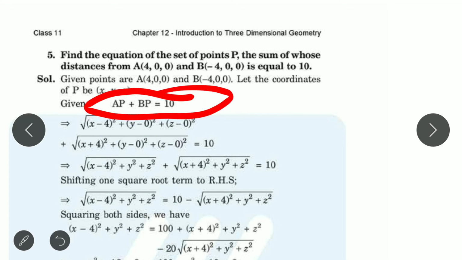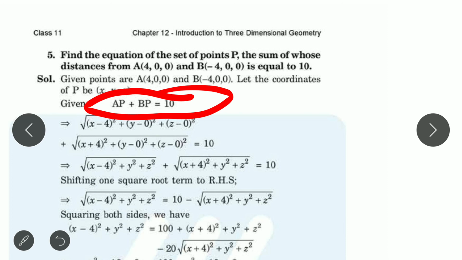That means AP plus BP equals 10. So if there is a point P, then AP plus BP equals 10. So you have to use the distance formula once again. P is a point which we are considering as x, y, z. So use the distance formula for AP, and use the distance formula for BP.